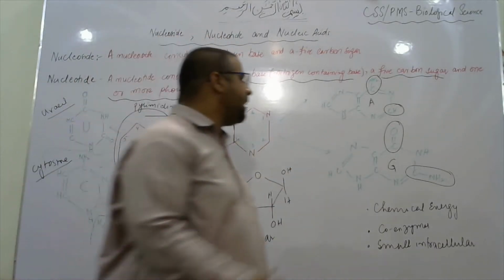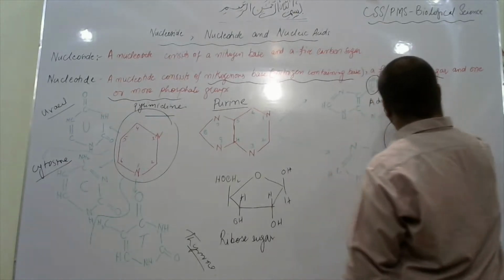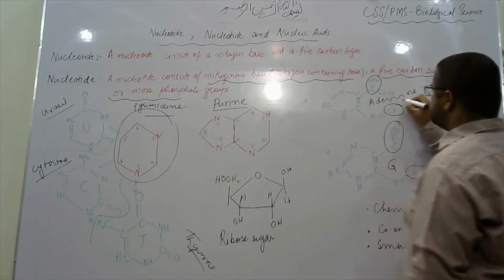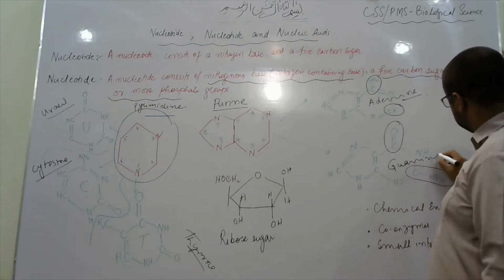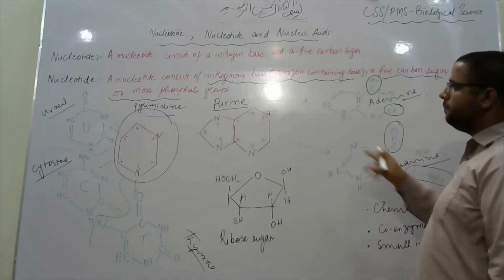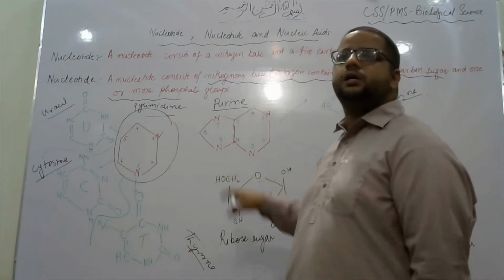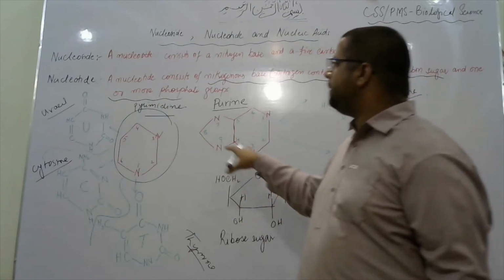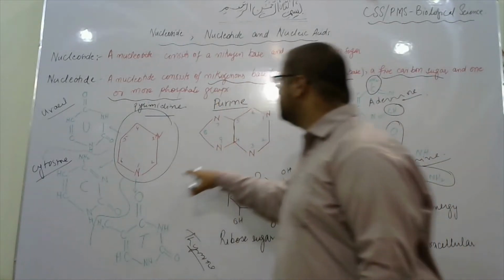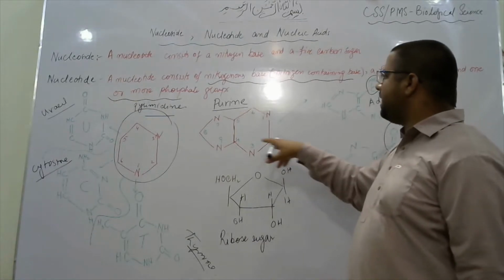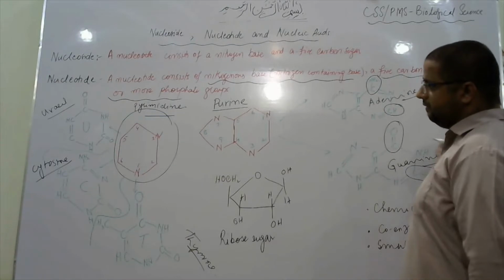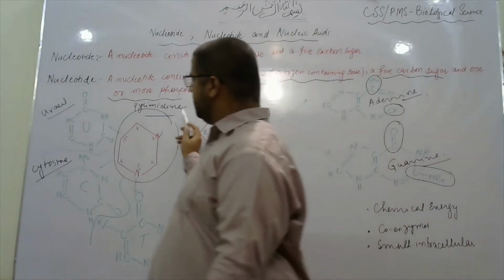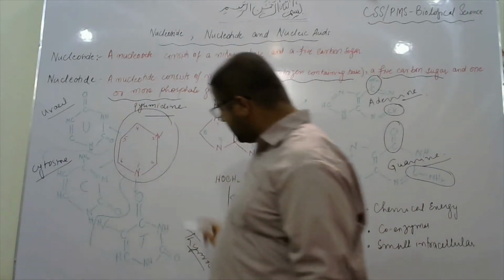Number one is adenine, and this one is guanine. Purine is double-ring structured, while pyrimidine is single-ring structured. Purines are of two types, adenine and guanine, while pyrimidines are of three types: uracil, cytosine, and thymine.